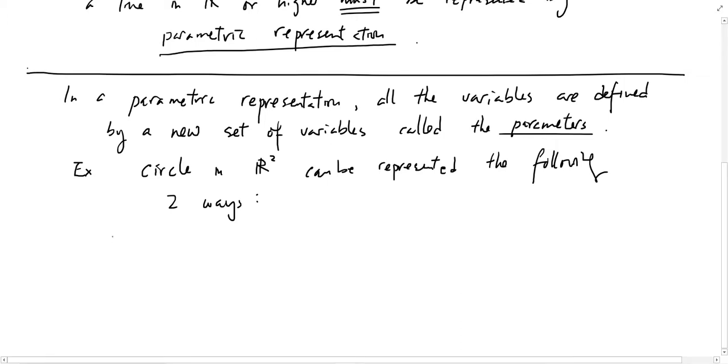So what's the difference between the two? One way is by the use of what we call an equation. Another way is by what we call parametric representation.